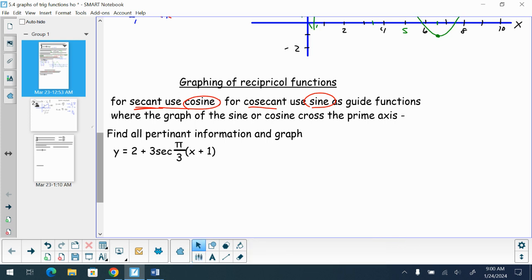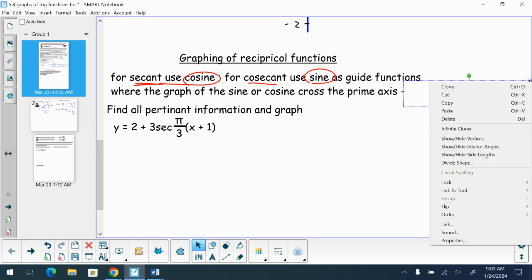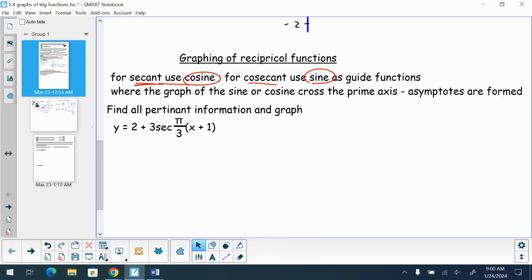And the other thing to remember with respect to our guide functions, where the graph of the sine and cosine curve hit the prime axis, what we got there was asymptotes, vertical asymptotes. Where we hit the prime axis, our vertical asymptotes were formed.